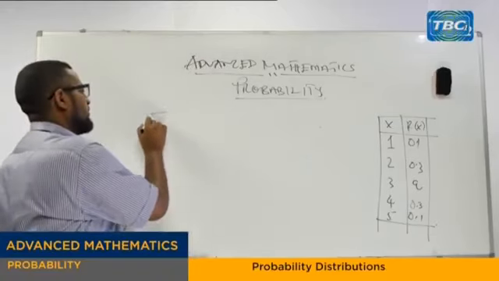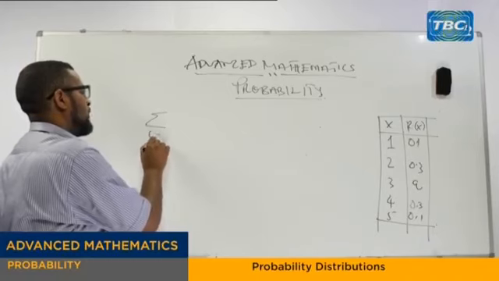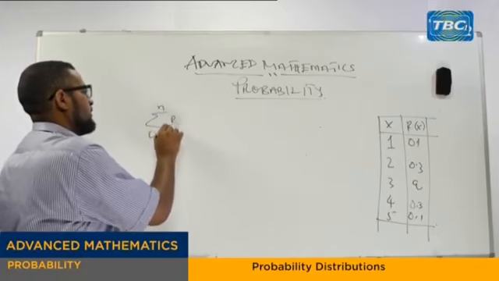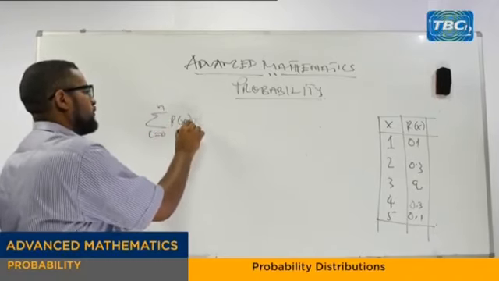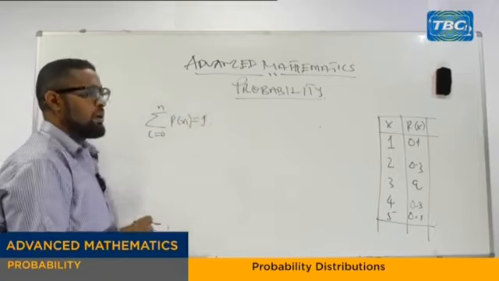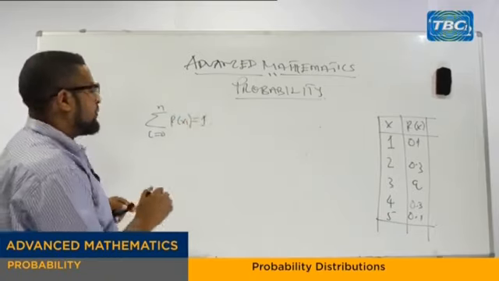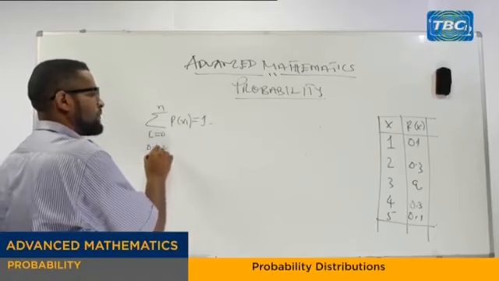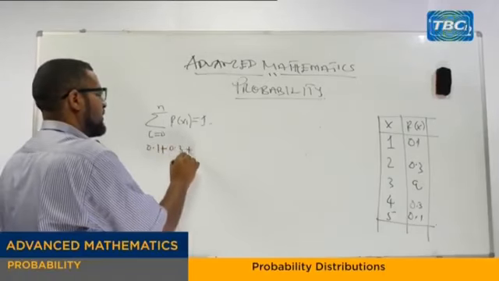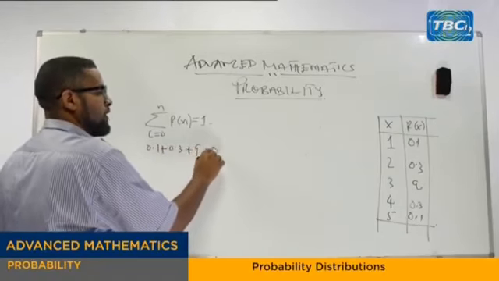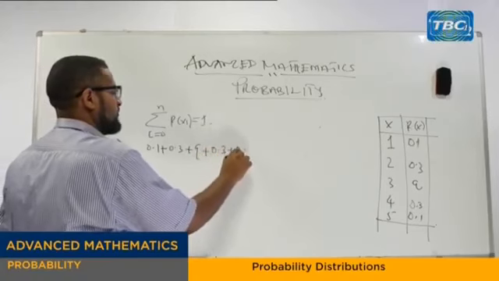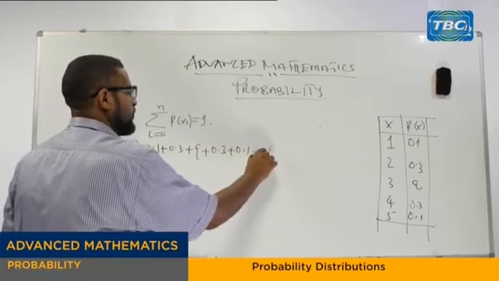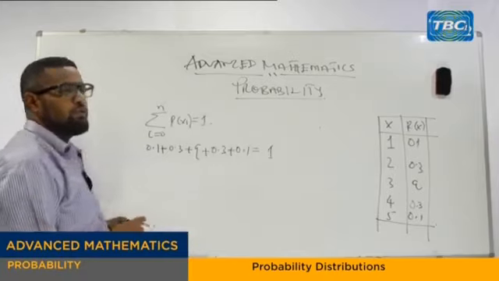Writing the formula, the summation of probability is equal to 1. We are given the probabilities 0.1 plus 0.3 plus q plus 0.3 plus 0.1, and this is supposed to give 1.